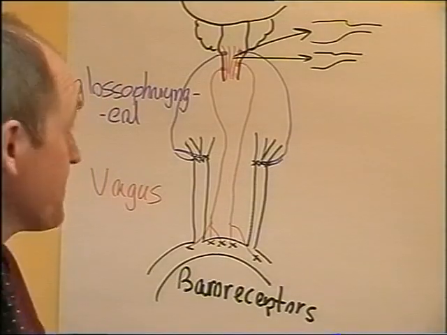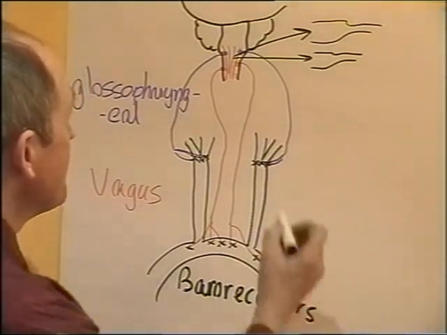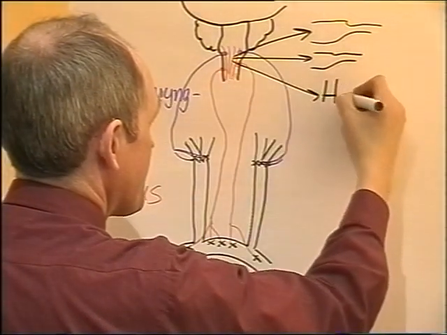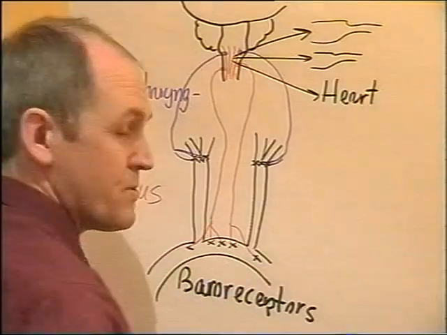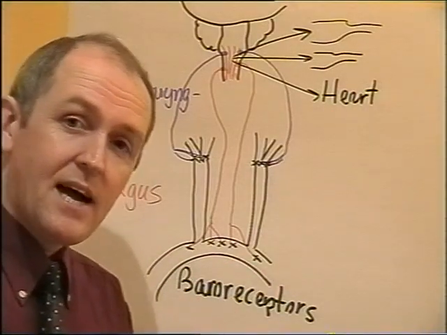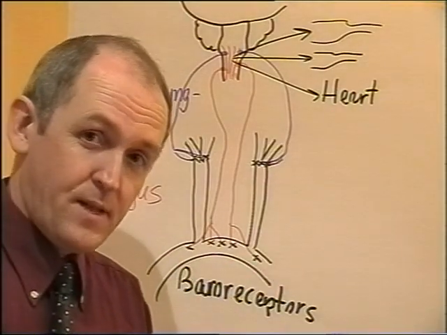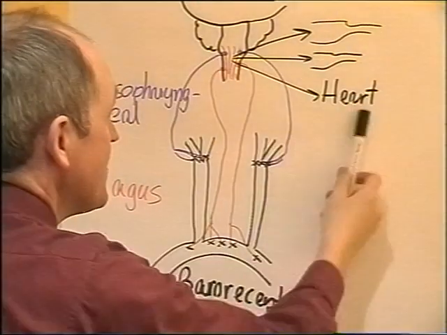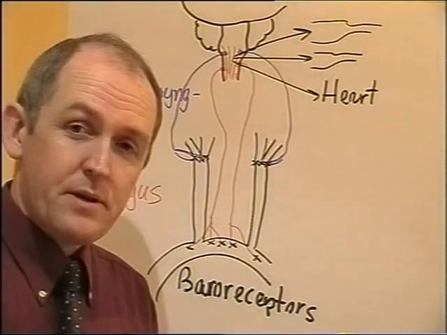In addition, impulses from the vasomotor centre will act on the heart to increase heart rate and stroke volume. So you can see the more impulses coming from the vasomotor centre, the higher blood pressure is going to be.